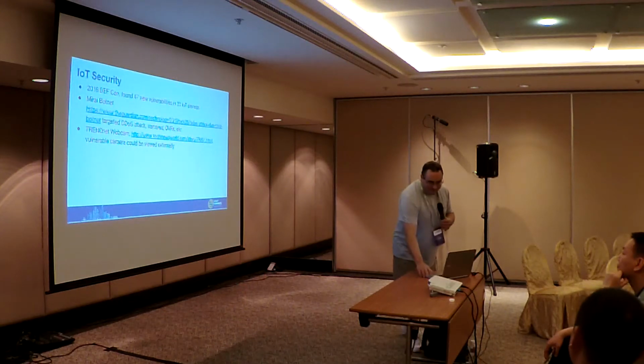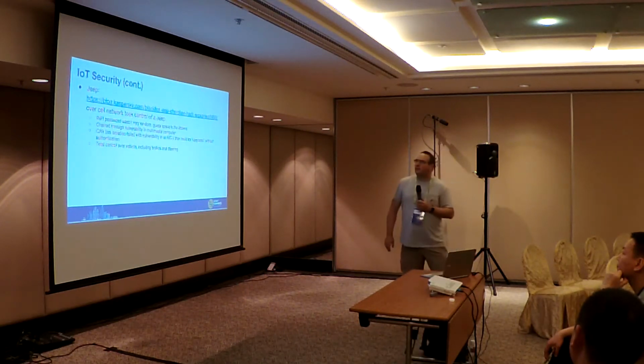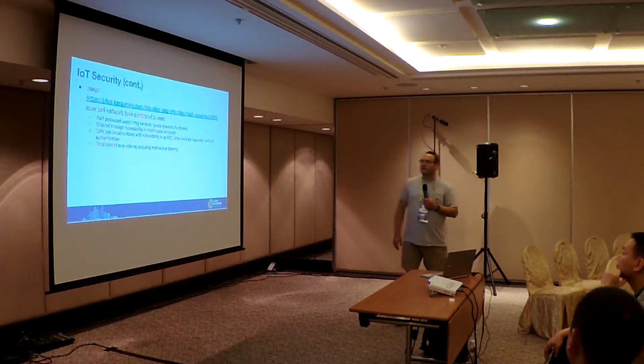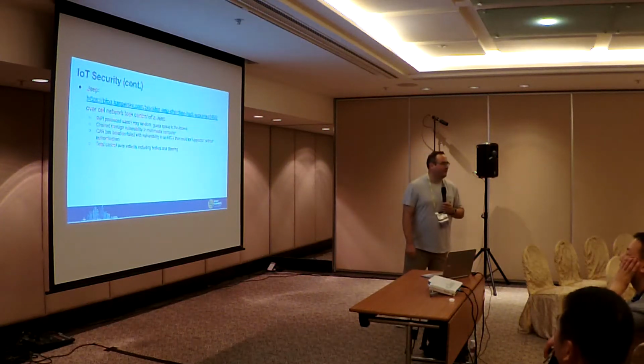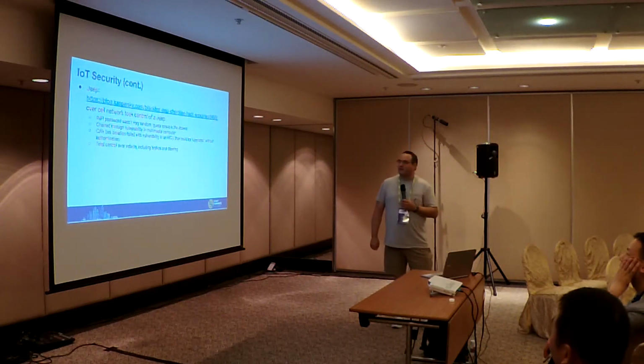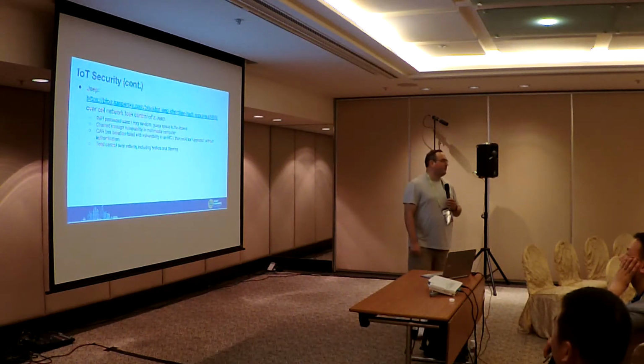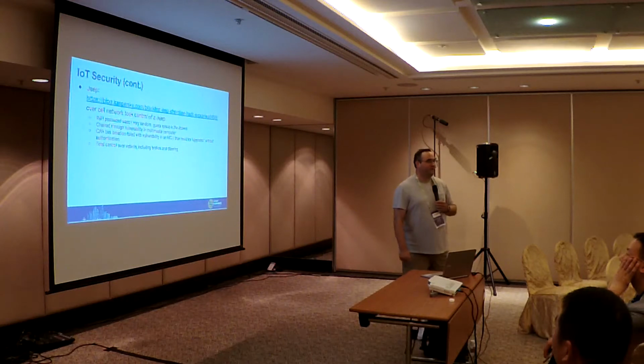A really interesting one was done on the Jeep Cherokee, and this is a really complicated attack. They got in, they found that the Wi-Fi password wasn't very random. There was about 12 different possible passwords that it could have.